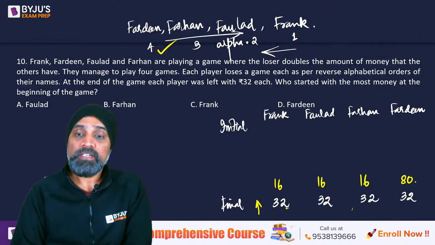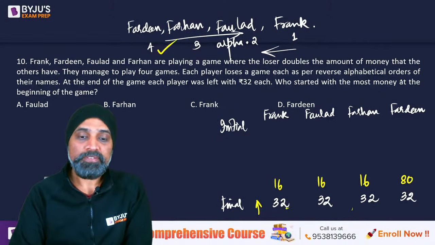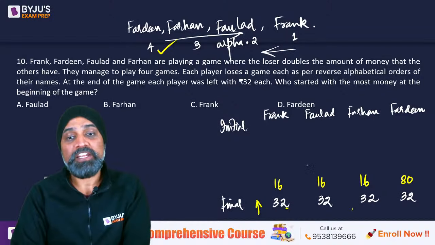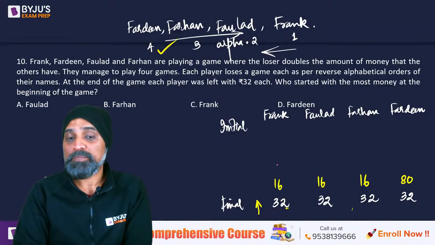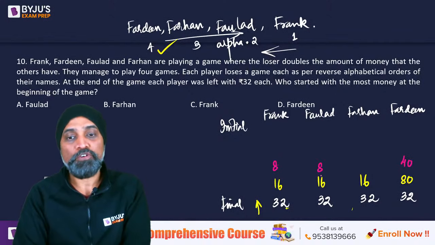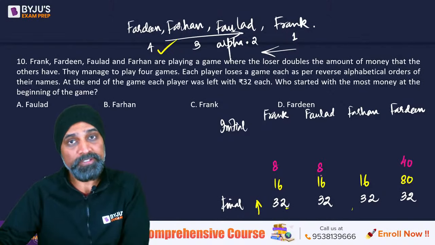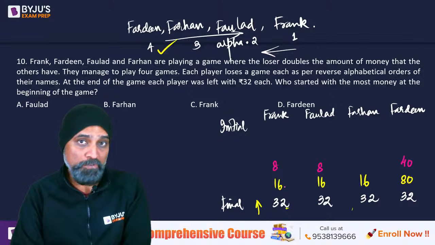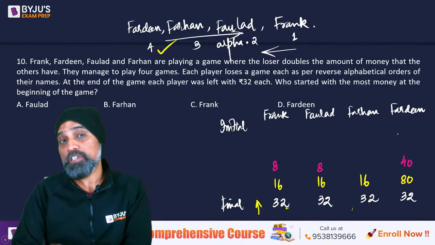Now, this was when Fardeen lost. Now, when Farhan loses, he doubles the money of the other 3 guys. That means Frank must have had 8, Fawad must have had 8, and Fardeen must have had 40. तभी तो double करके वो फिर 16, 16, 80 हो गया होगा. Now, Frank's money was increased by 8, Fawad's money was increased by 8, Fardeen's money was increased by 40.